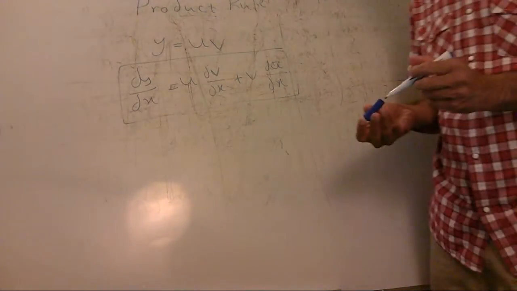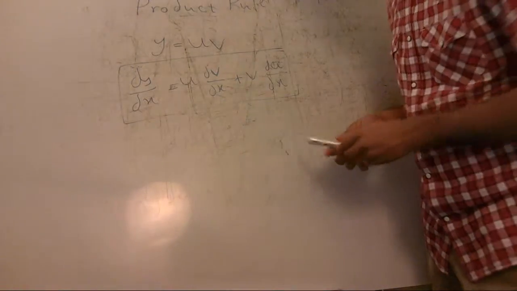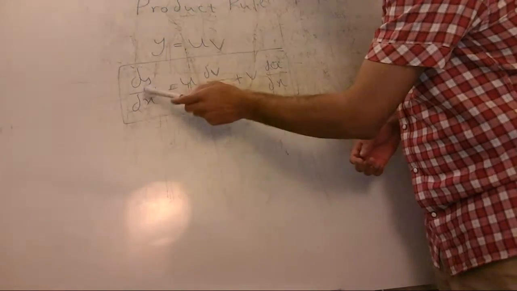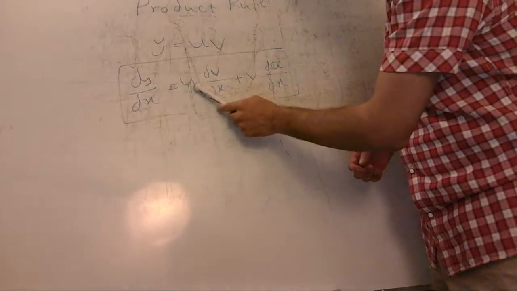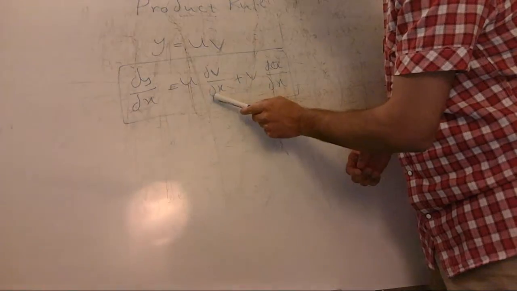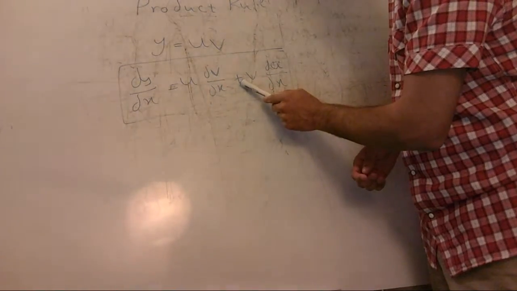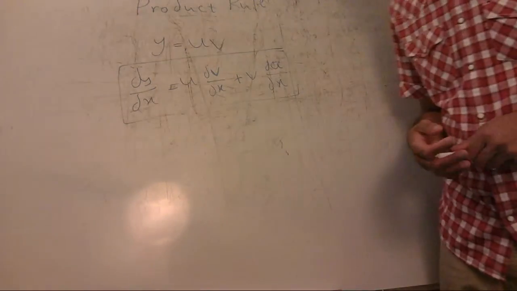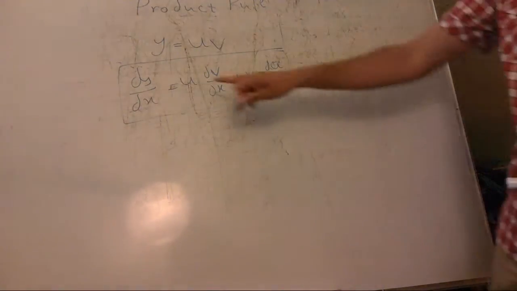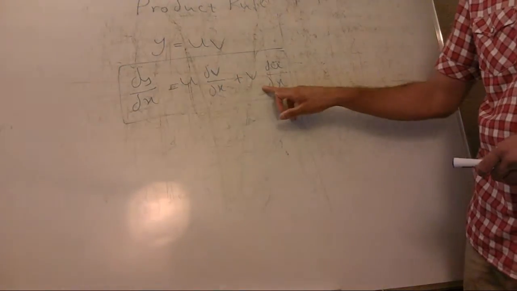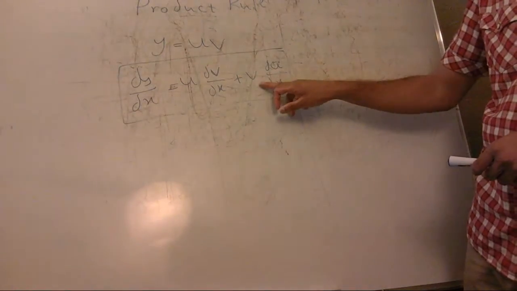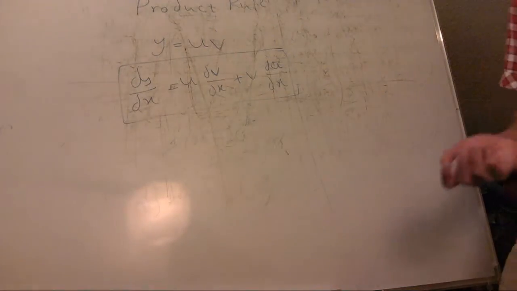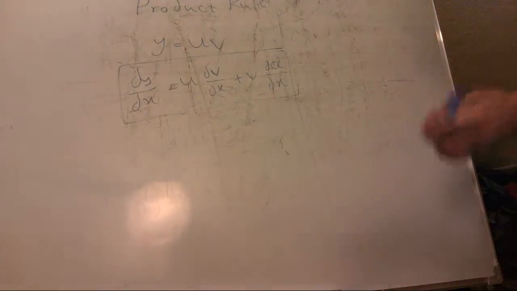Basically we have the product of two functions, uv, so the derivative is equal to u times the derivative of v with respect to x, plus v times the derivative du/dx. So you hold u, you differentiate v, and then you add, you hold v and you differentiate u, and that's it. So let's do an example and see how it works.